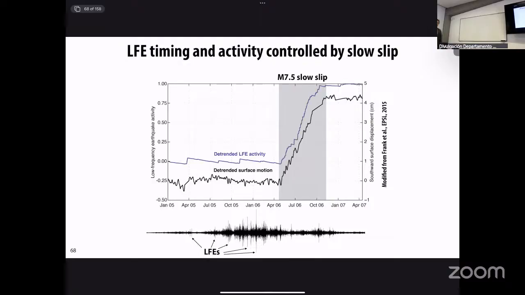We then take the LFE activity that happens in the same place, and we take the cumulative counts, normalized from 0 to 1, and we remove that trend at the beginning, in the same exact way we did it for the GNSS time series, and we find that they're extremely well correlated. So we see that nothing's happening in the LFE activity or the GNSS surface motion, and then they both, for the same duration, jump up over about 6 months.